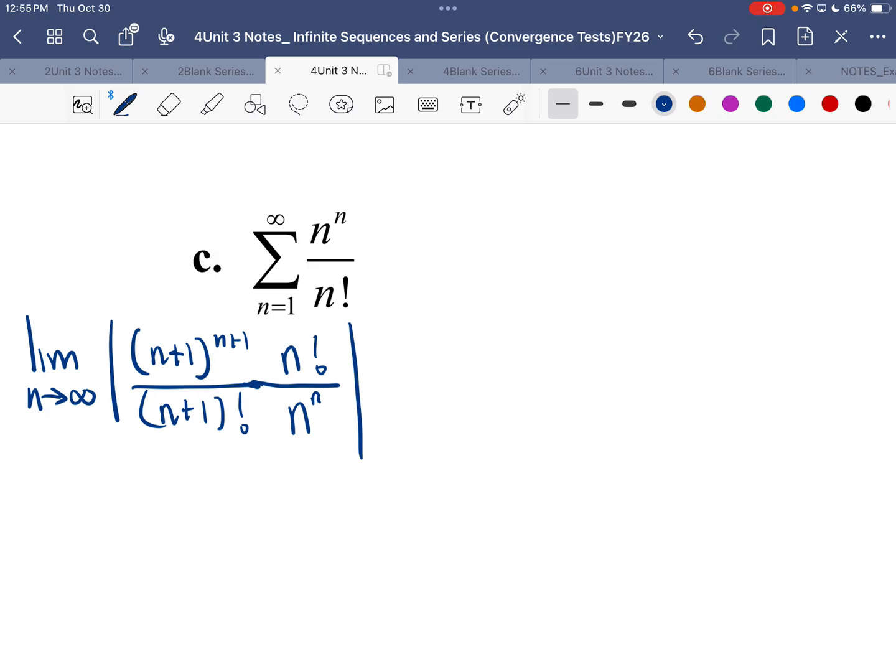Okay, this simplifies. The factorial is going to cancel out and leave you with an n plus 1 factorial on the bottom. Or just an n plus 1, I'm sorry. Okay. And then n to the n, not going to reduce.